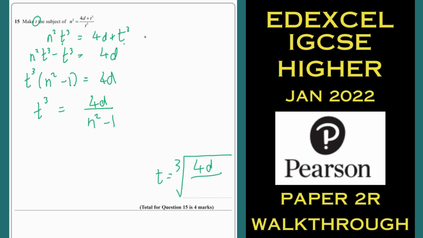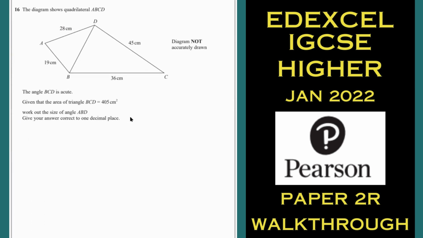Can't leave it with the cube in. Normally these are worth 3 marks. That extra bit of meat on that bone means that it's worth the extra mark to make it 4. Number 16. You can tell straight away it's double trigonometry.